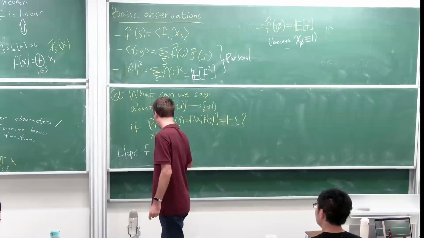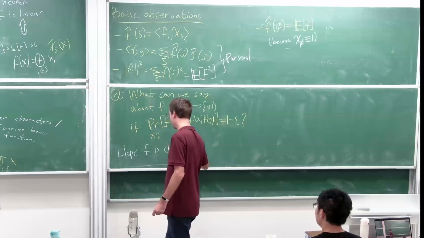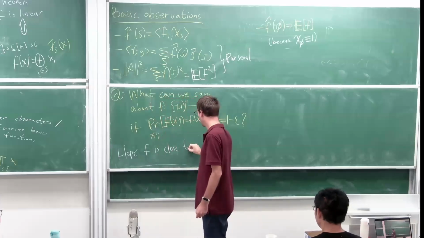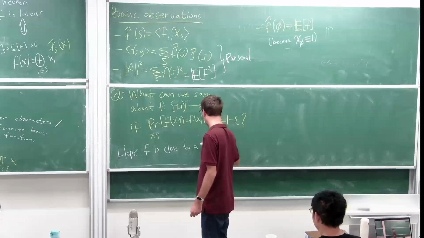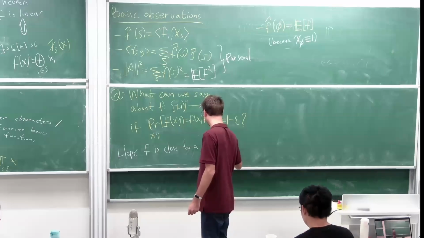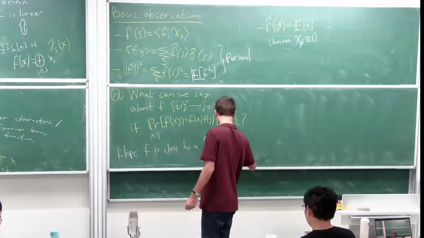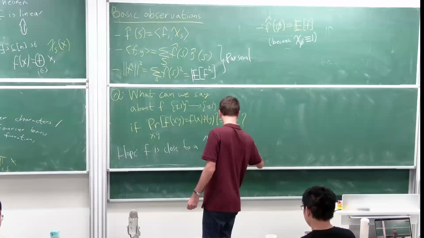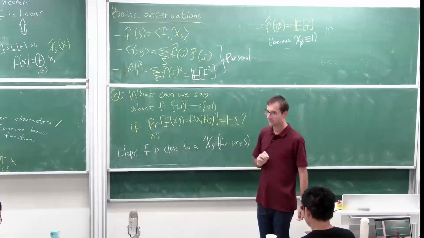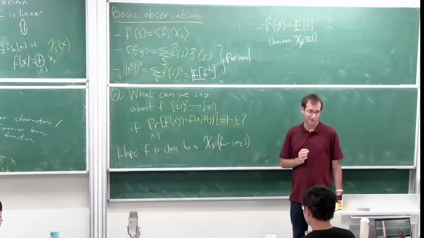So the guess will be, I hope, that f is close, we'll see how close, to a Fourier character. And it turns out that this is the case.